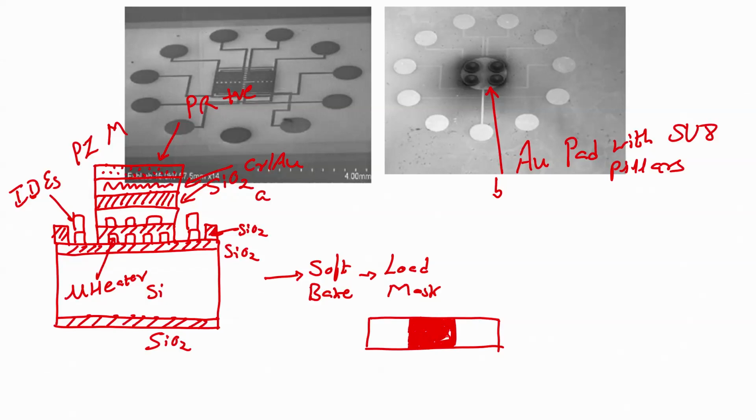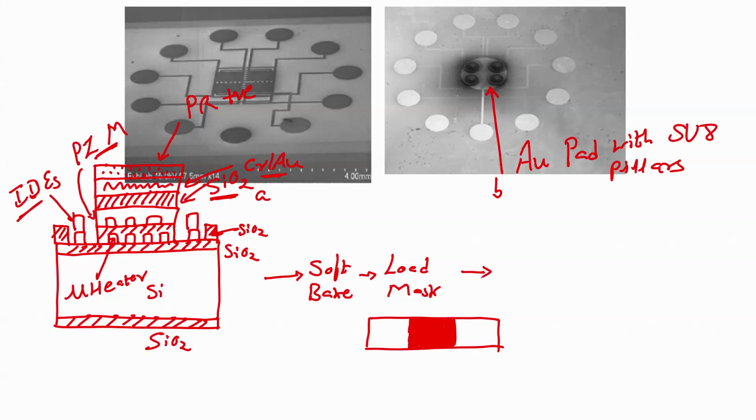But the one thing that we have to remember is that below the metal, below the gold pad, there is an insulating material, alright. You can see chrome gold is there, insulator is there, below insulator there are interdigital electrodes, and below interdigital electrodes here, this is piezoresistive material, okay. So, this is my mask.